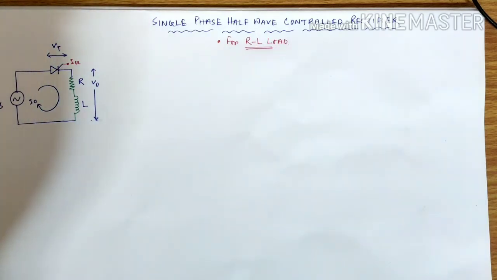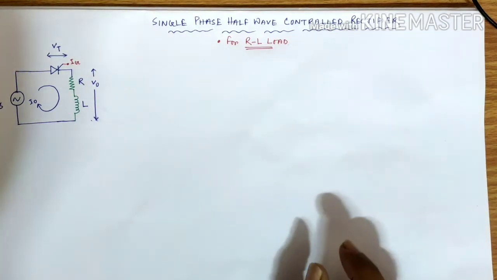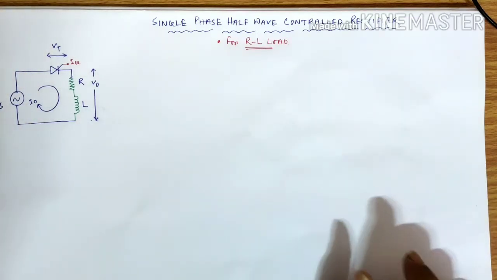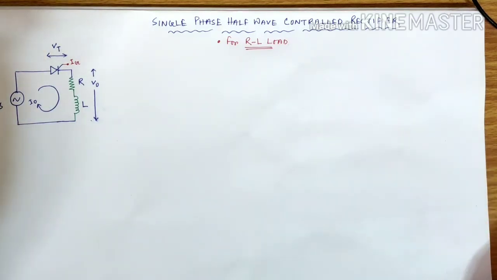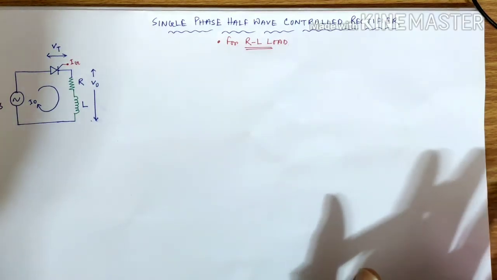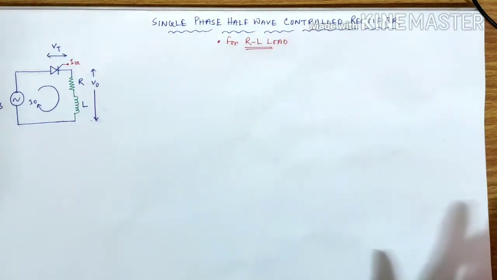So today we will try to continue with the same topic. Instead of taking only resistive load, that is R load, we have taken RL load. So today we will try to understand the working principle of half wave controlled rectifier when the load is inductive in nature. I have already drawn the diagram here.